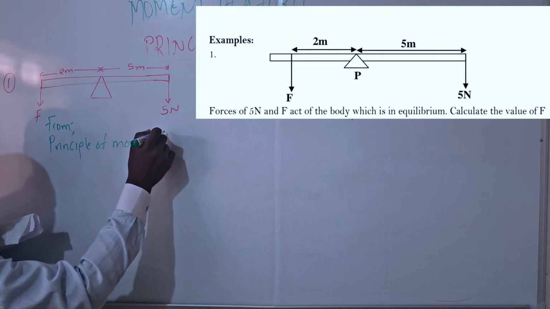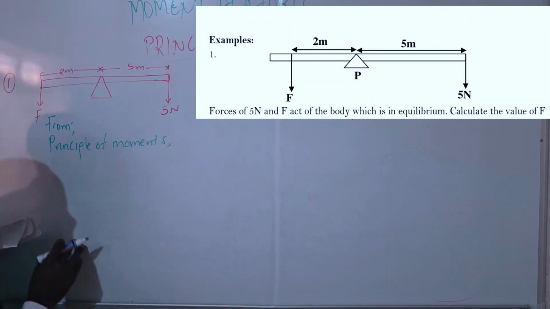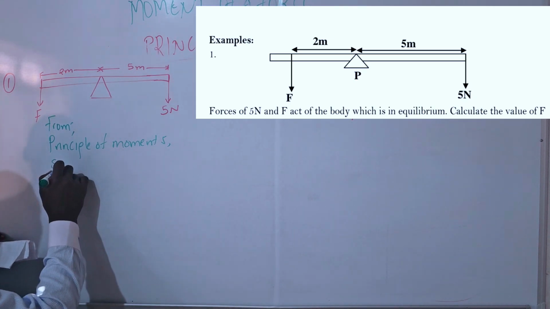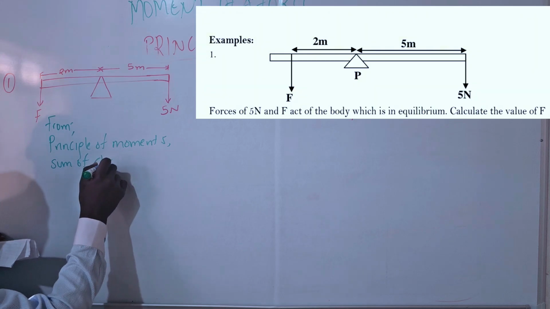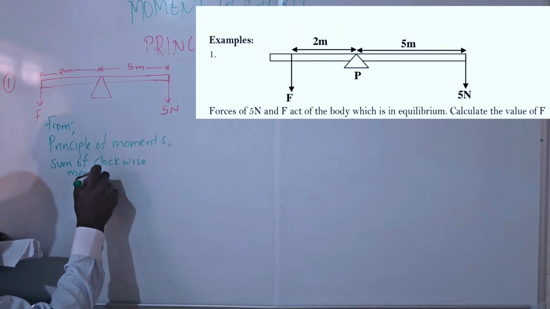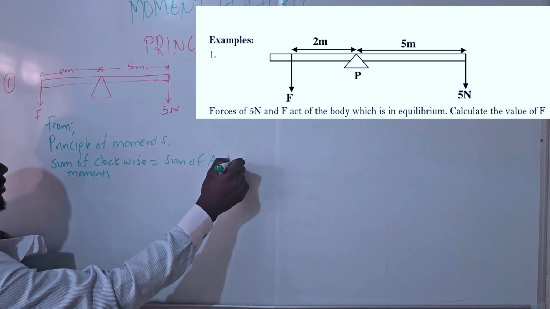So I'm very confident when applying the principle of moments, because they have told me that the system is in equilibrium. It is in a state of balance. One side is balancing the other. The sum of clockwise moments is equal to the sum of anti-clockwise moments.